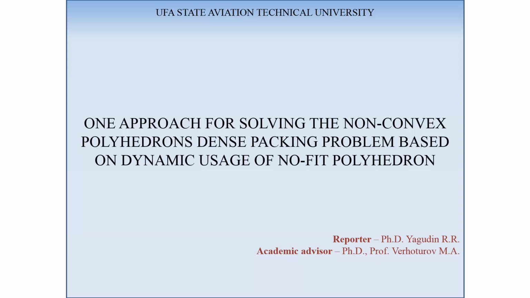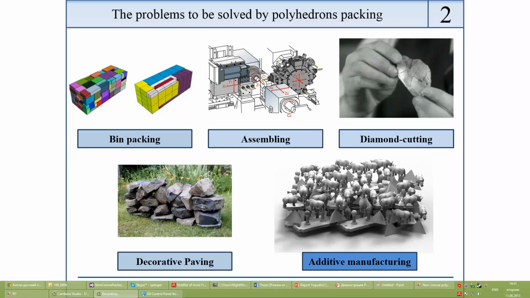Currently, there are a lot of scientists involved in research of this kind of 3D packing problems. But some open questions still exist, because those problems are significantly different from each other. Let's consider 3D packing problems.